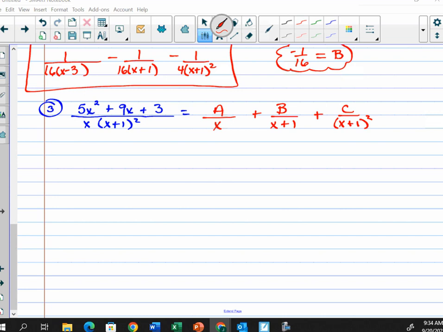Your last plug-in, like let x equal 1. So the last plug-in always goes into the full equation. Yeah, the last plug-in is where you've got to use everything you found.